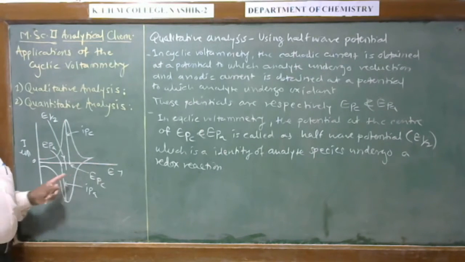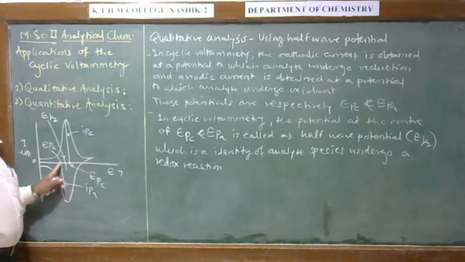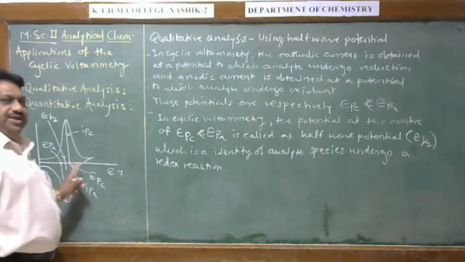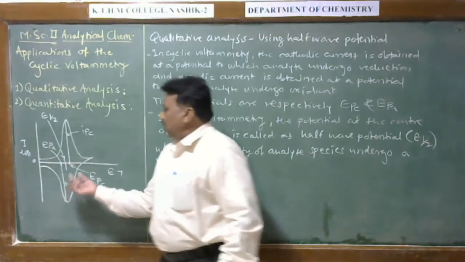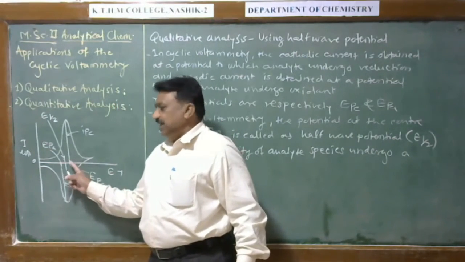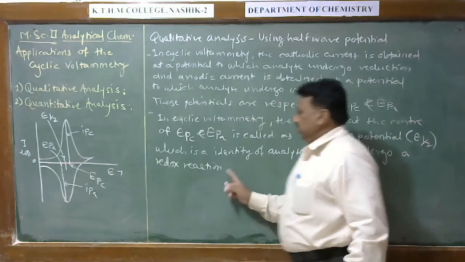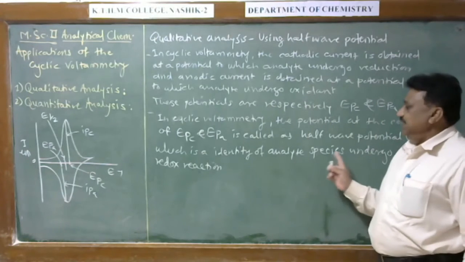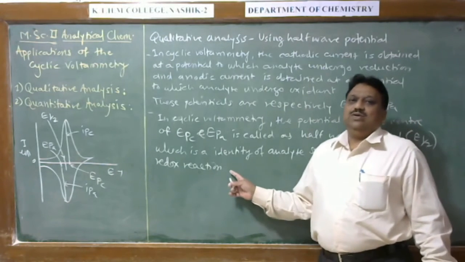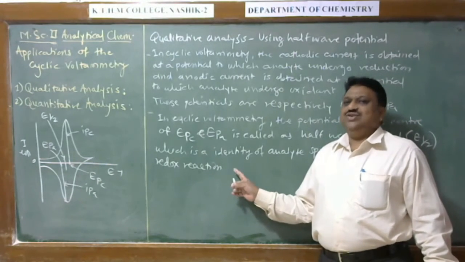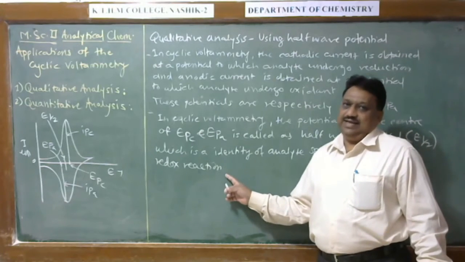Therefore, this half-wave potential is utilized for identification of electroactive species, and it is determined by using the values of the anodic peak potential and cathodic peak potential. Therefore, the center of the anodic peak potential and cathodic peak potential is the half-wave potential, and we know that the half-wave potential is the identity of a material that undergoes an oxidation or reduction reaction at the working electrode.